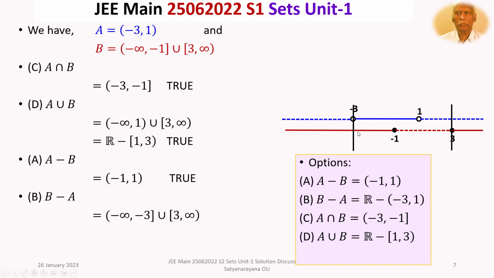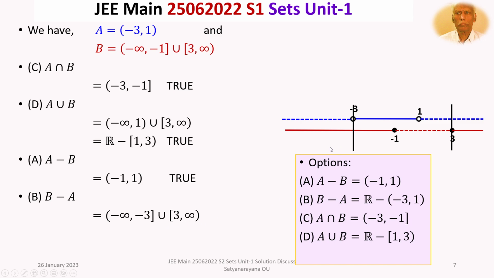And union, here the commonality is there. Here there is no portion of B at all. So elements in B but not in A will also include this, that is 3 to infinity, the closed interval. Minus infinity to minus 3, closed at the minus 3 end, union 3 to infinity, closed at the 3 end.